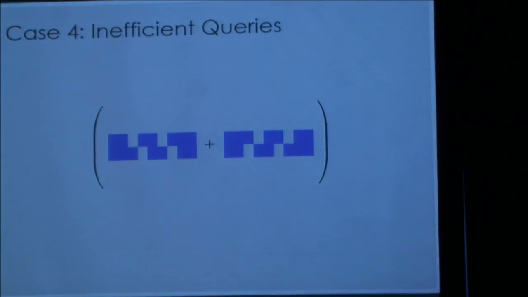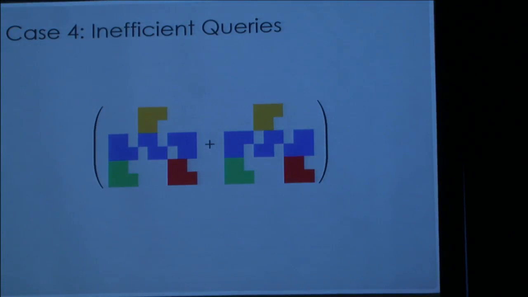Now, if we go back to our inefficient query, if you try to add together all the matrices that correspond to 0 and all the matrices that correspond to 1, you have to, along the way, also collect at least one piece from every other color. And this will already fix all the other bits of your input. So now you can only multiply this expression with things that are consistent with one particular input.